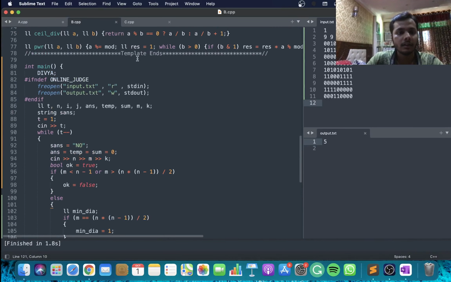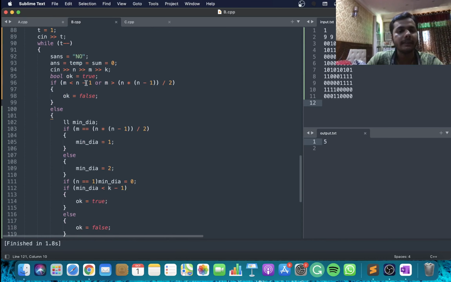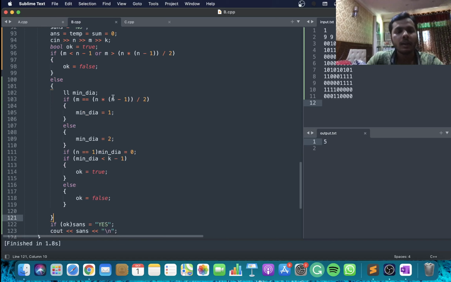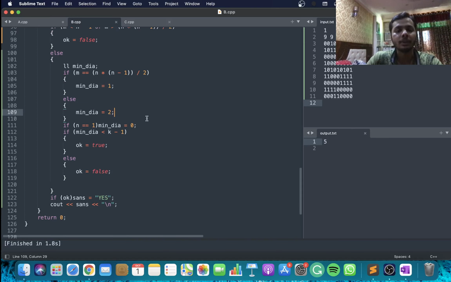Alright, so this is the code for this problem. First of all, I check the condition that m is less than n minus 1 or m is greater than n into n minus 1 over 2. If that is the case, I simply output no. Now I know that m is at least n minus 1 and it is at most nC2. So I take a variable minimum diameter and I check if m is equal to nC2, then the minimum diameter would be 1, otherwise the minimum diameter would be 2.